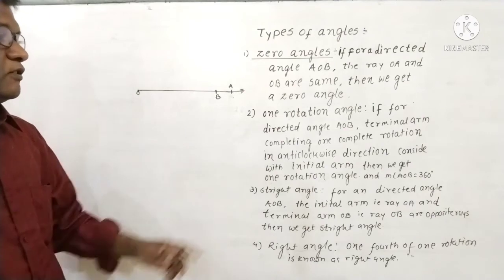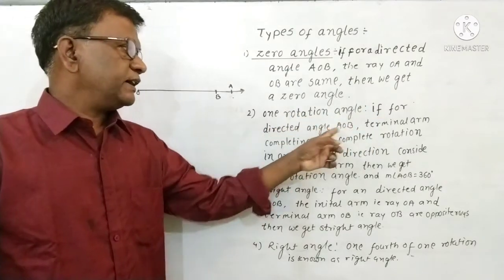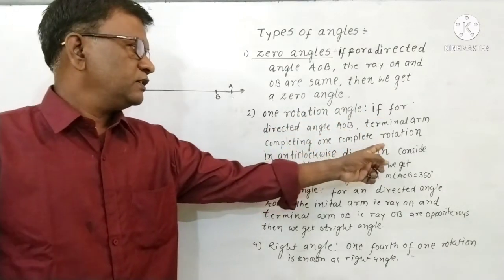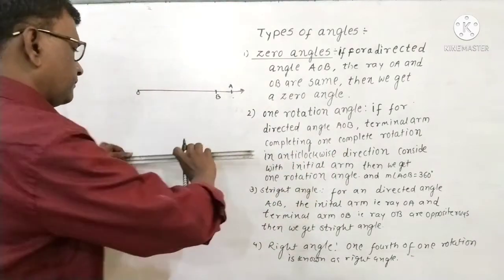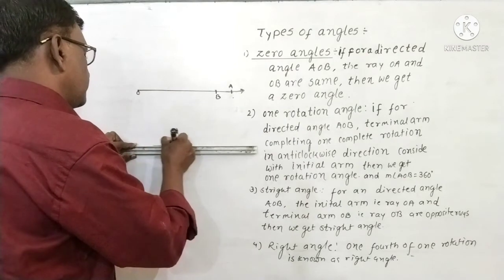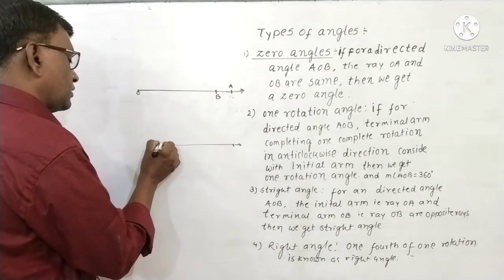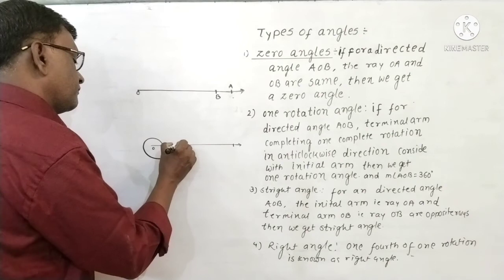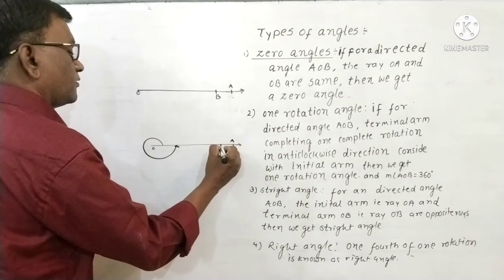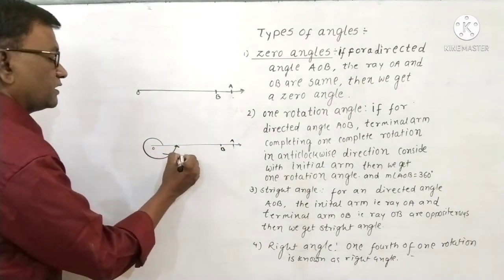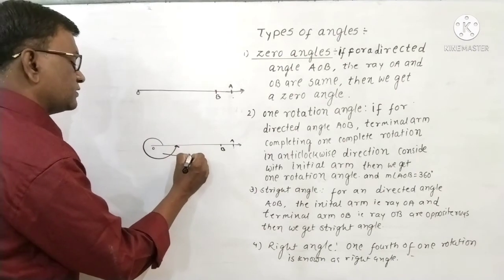Now the second type is the one rotation angle. For directed angle AOB, the terminal arm completes one complete rotation in the anti-clockwise direction. See here, this is the initial arm and the terminal arm completes one rotation. Then this angle is a one rotation angle and its measure is 360 degrees.